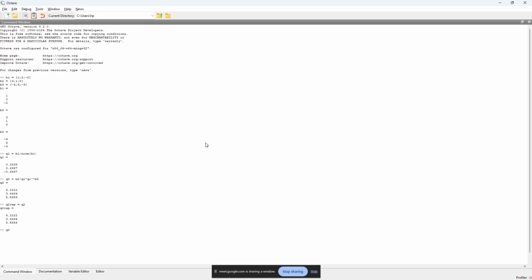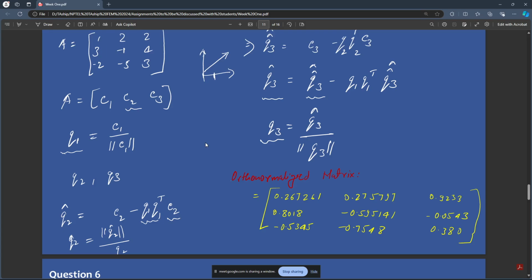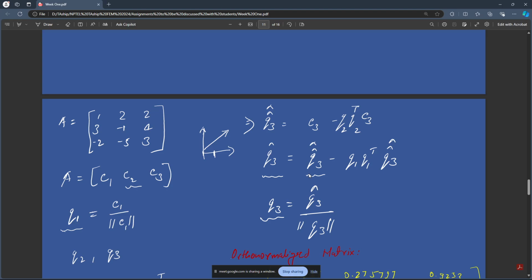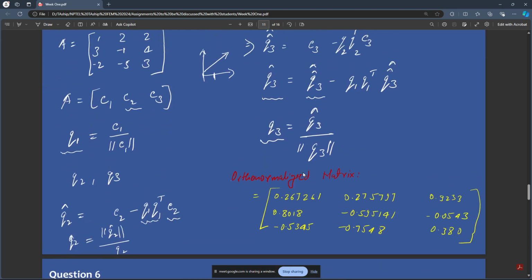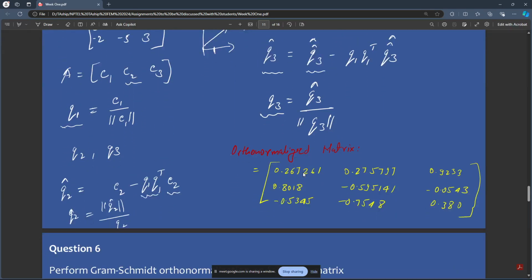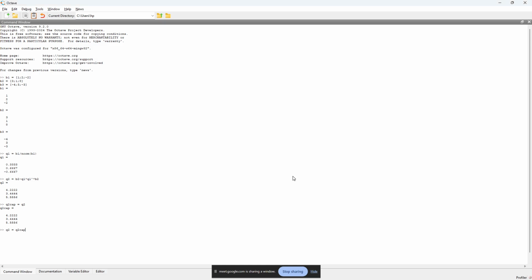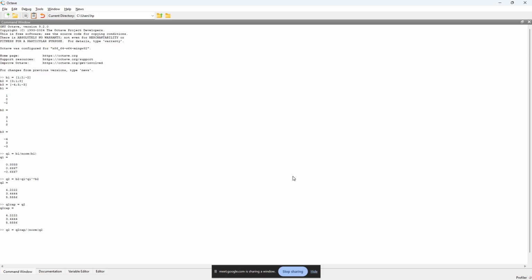Then for getting Q2 you need to take Q2 cap divided by the norm of Q2 cap.